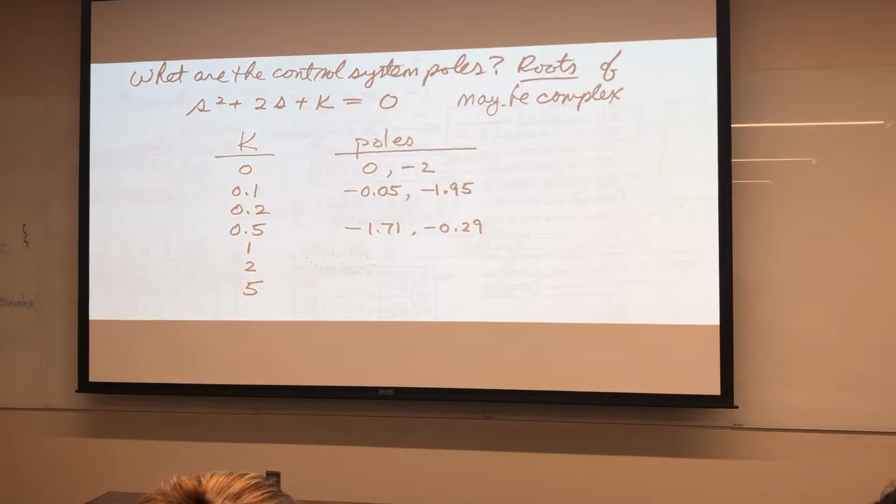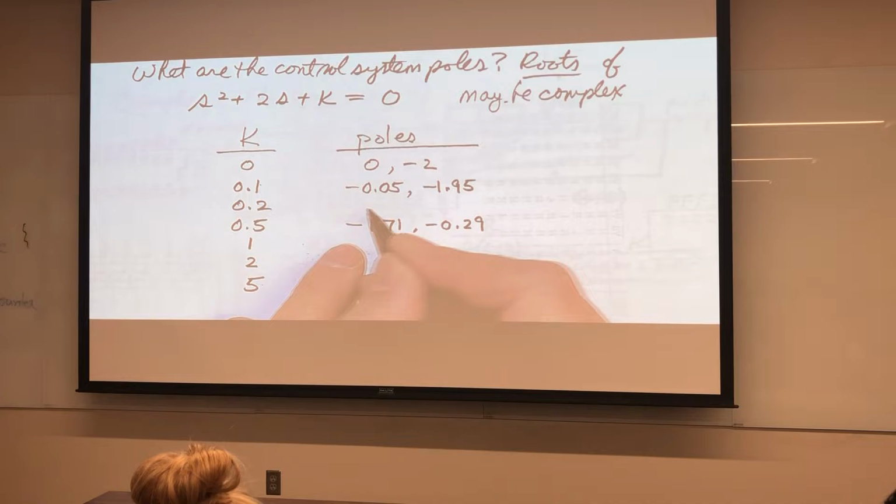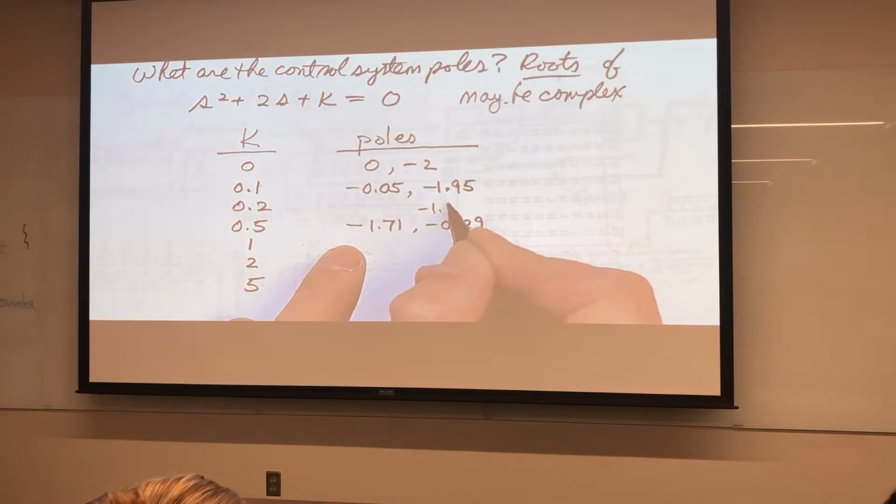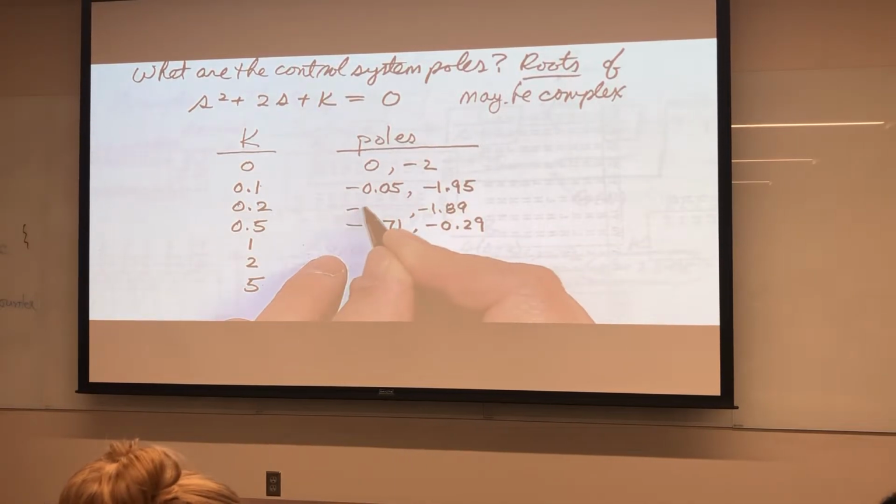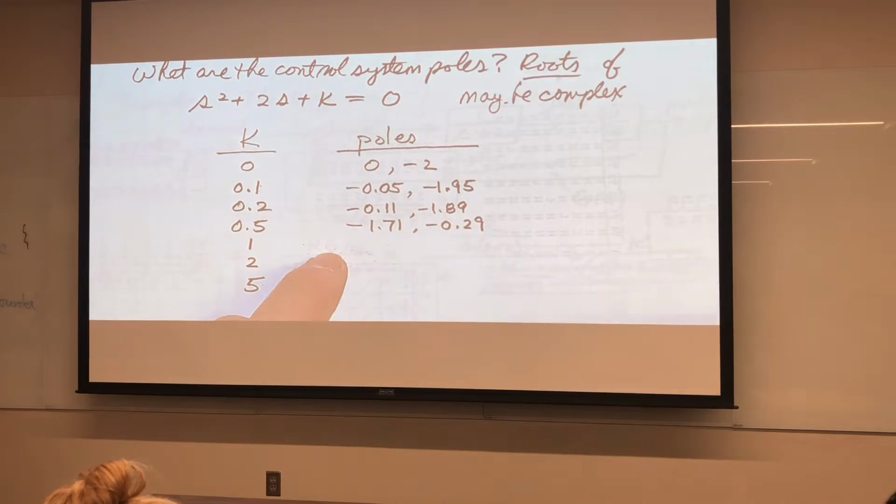Okay. For 0.2, I got negative 1.89 and negative 0.11. Negative 1 and negative 1.